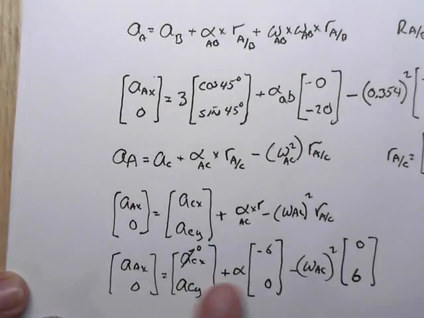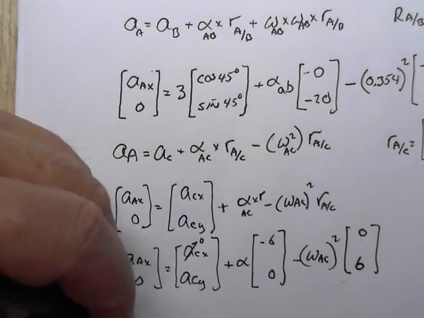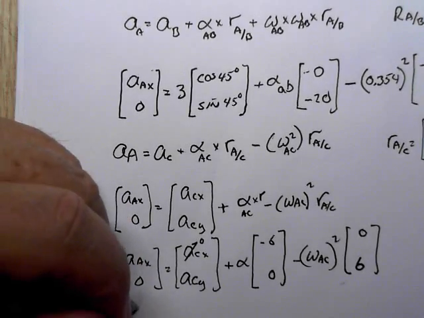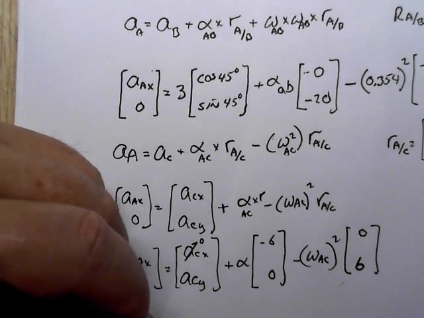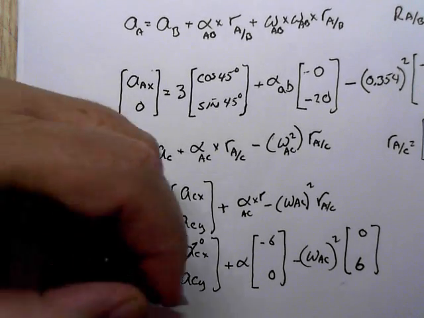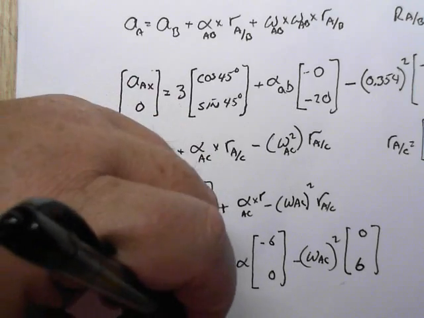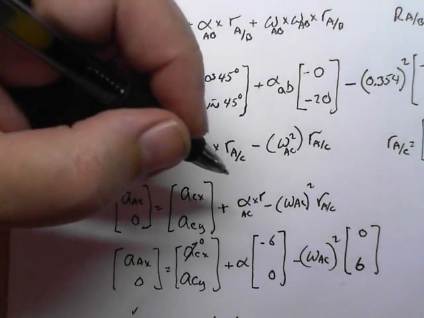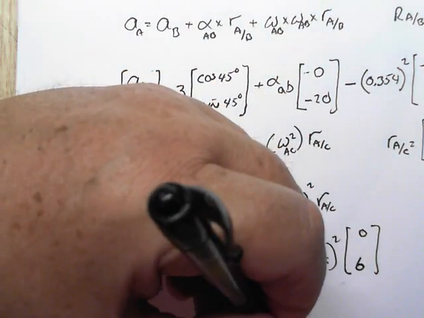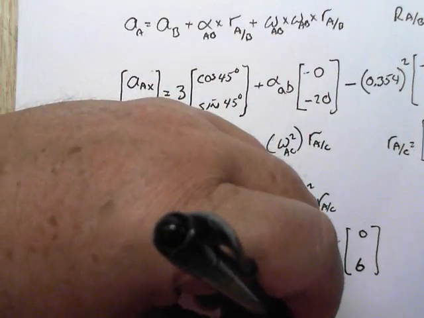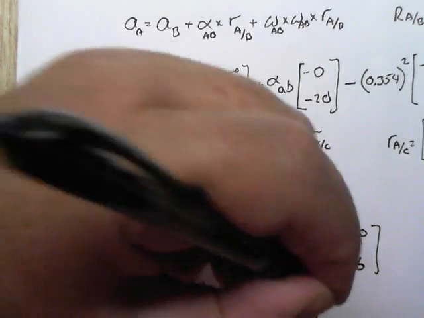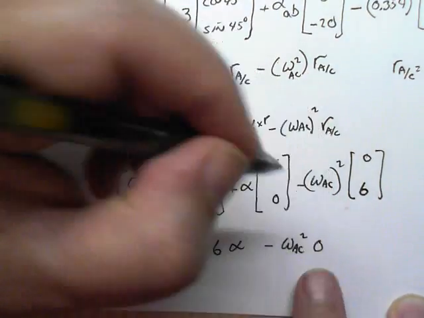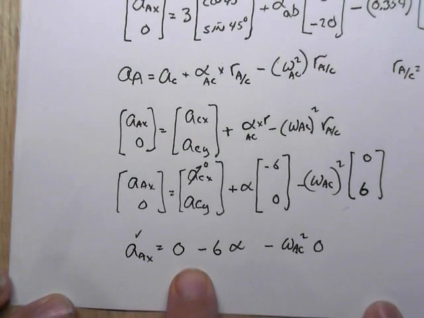Our top equation, which is the x equation, is going to say the acceleration of A in the x, and that's known, is equal to that 0 minus 6 alpha minus omega AC squared times the 0. And since that term goes to 0, that term is a 0.